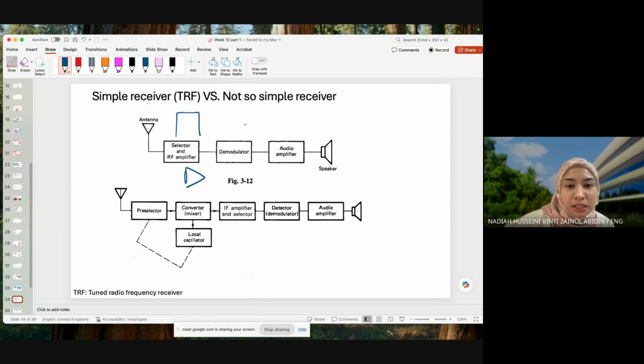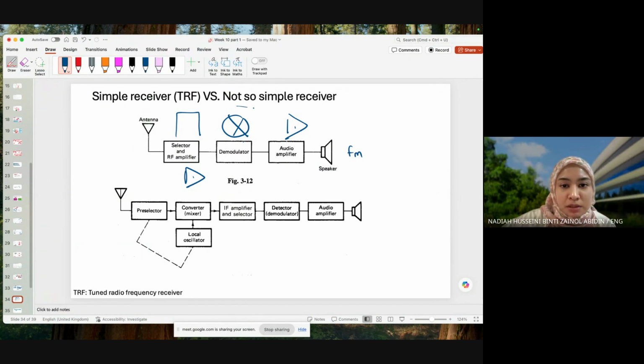And then we have our demodulator, which is our mixer, and then we have another amplifier, and then we have our speaker, which will give us our FM, our original signal that we have gone through so much to receive, right? We have learned so much. Now we are at the receiver side. And then here we have our filter, our amplifier, another amplifier, mixer. Okay, this is considered simple.